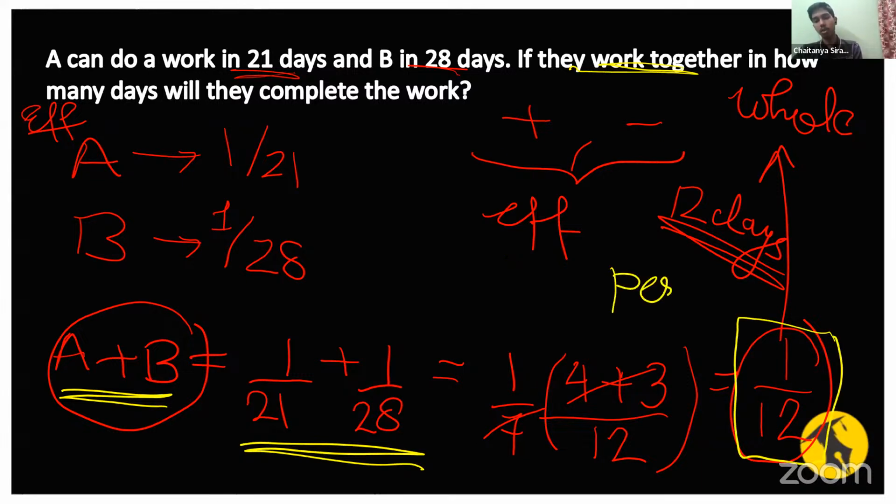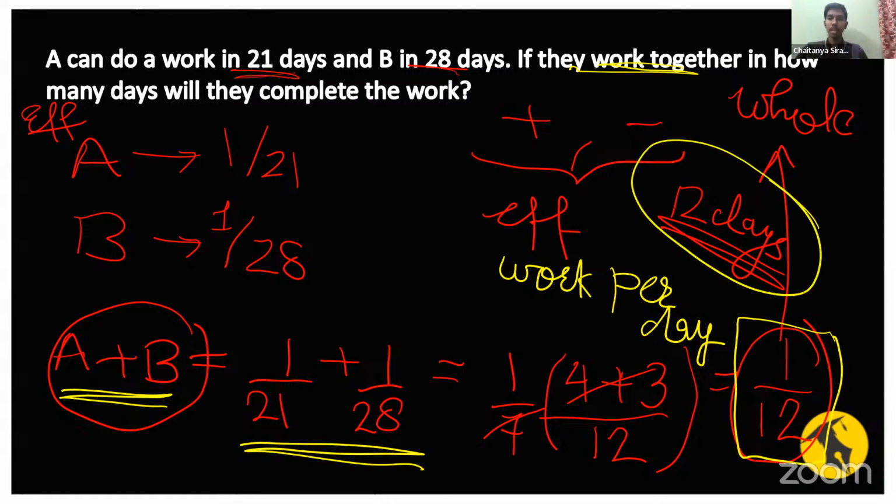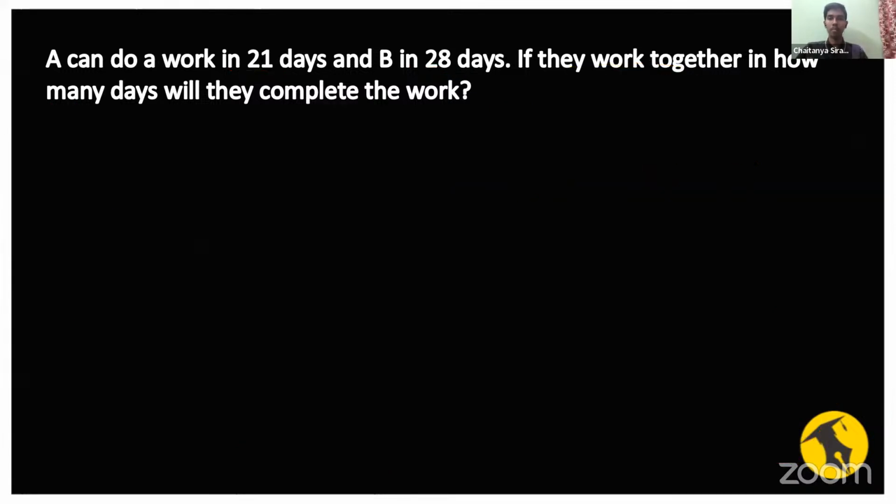So this is nothing but work per day. So I get they finish 1/12 of the work in one day. So how many days will they take? 12 days. All right. I hope the logic is clear. Let's solve one more problem to make it even easier.